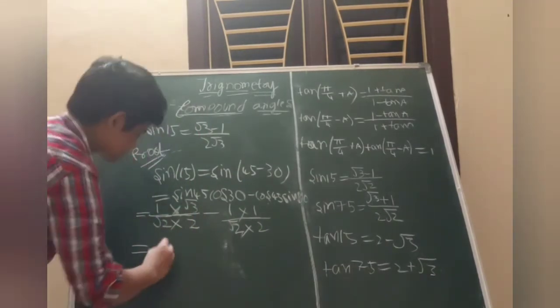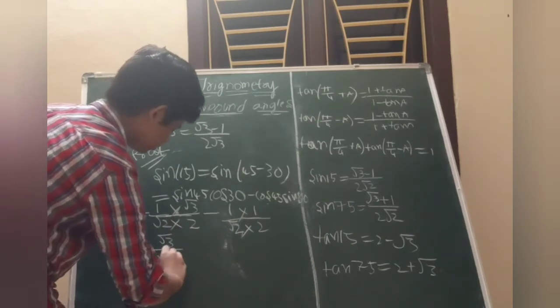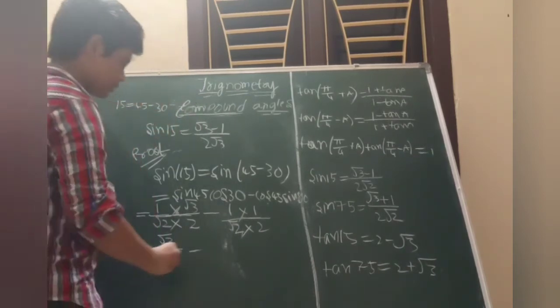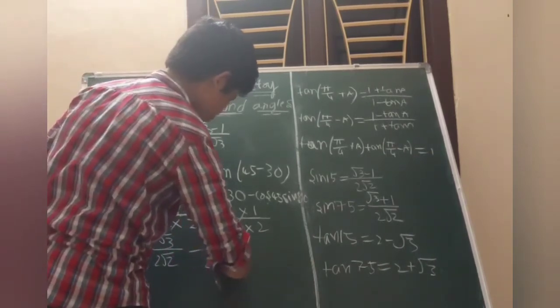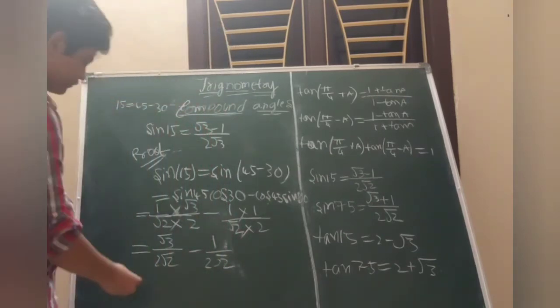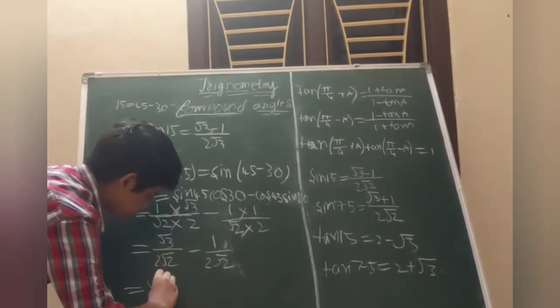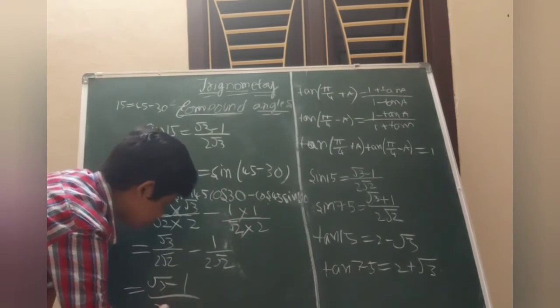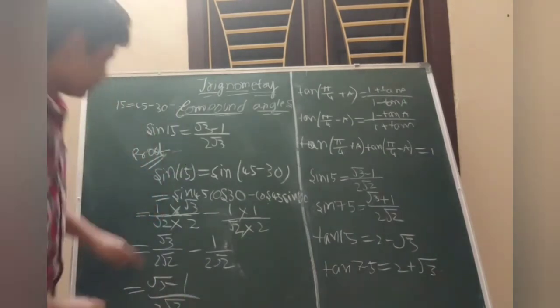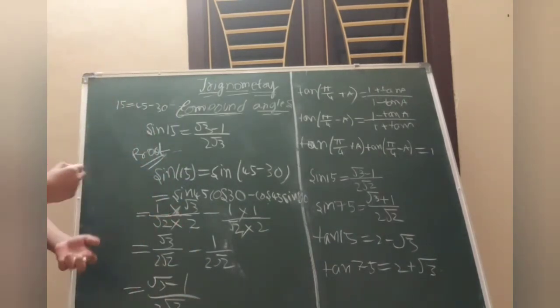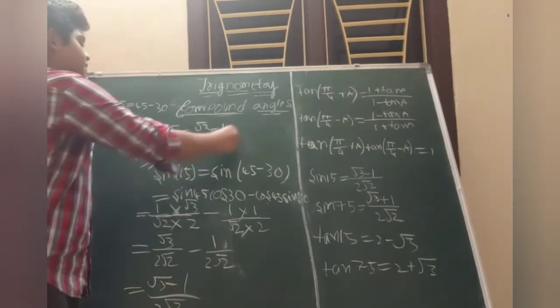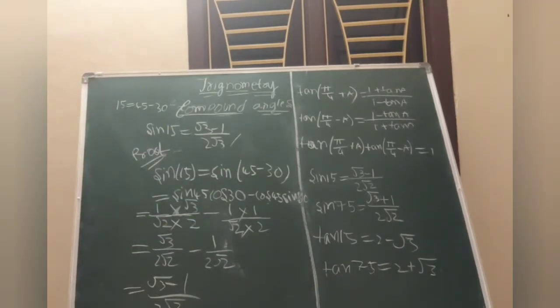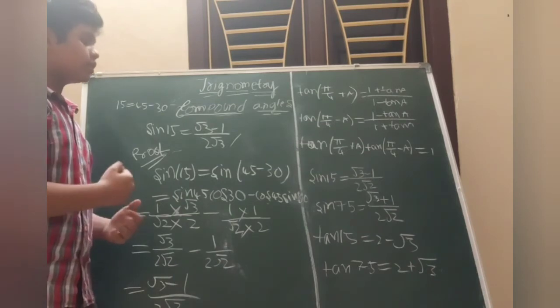Now it becomes root 3 by 2 root 2 minus 1 by 2 root 2. So the final answer is root 3 minus 1 by 2 root 2. If we take LCM, it becomes root 3 minus 1 by 2 root 2. So hence it is proved that sin 15 is equal to root 3 minus 1 by 2 root 2.